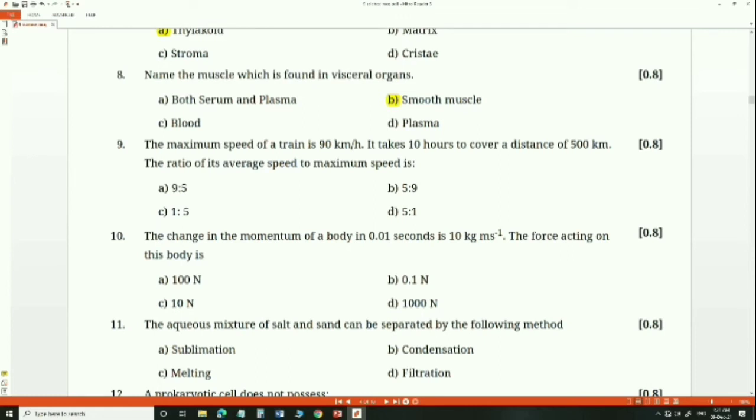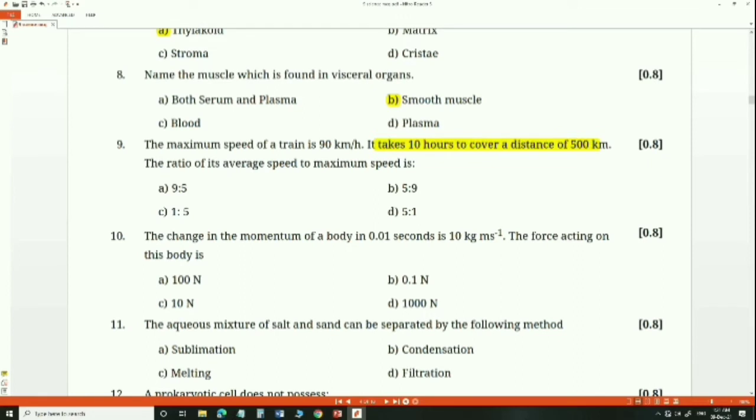Now, ninth question. The maximum speed of a train is 90 km per hour. It takes 10 hours to cover a distance of 500 km. Find the ratio of its average speed to maximum speed. So we know this is average speed.